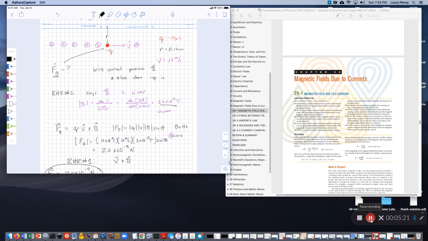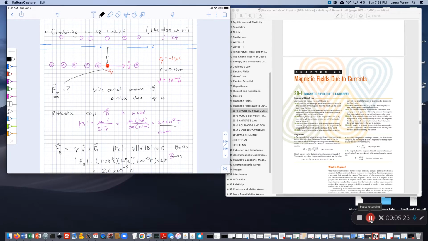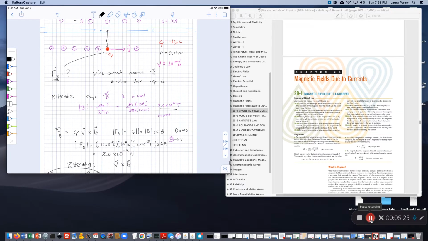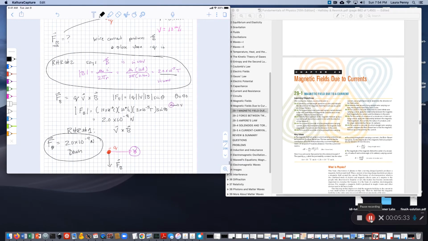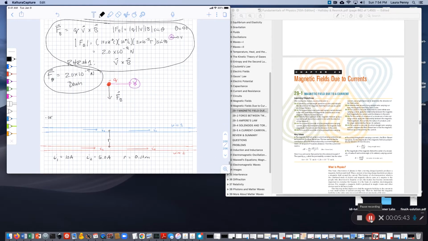From chapter 29, I'm getting the strength and direction of the magnetic field caused by a current. And then I'm saying that that magnetic field exerts a force, which I get from chapter 28, on a charged particle located at that place.